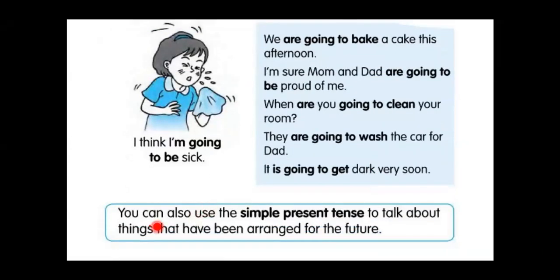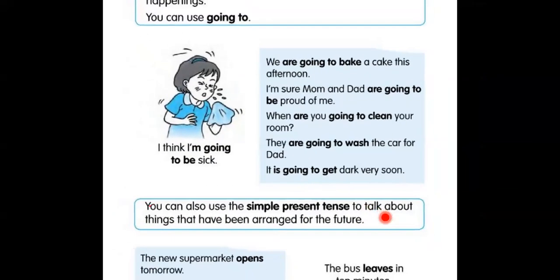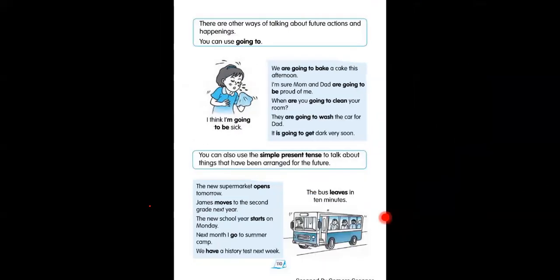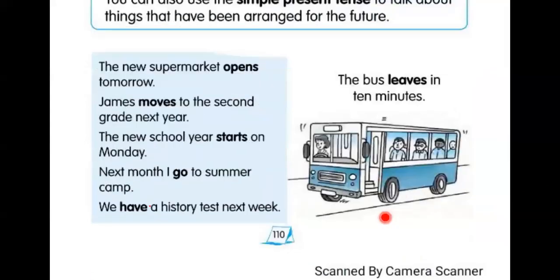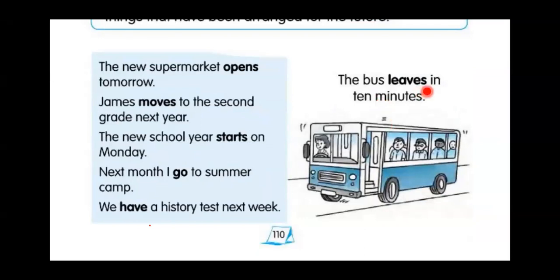Now you see over here, you can also use the simple present tense to talk about things that have been arranged for the future. So simple present also tells us about the future. Now see over here, the bus leaves in 10 minutes.